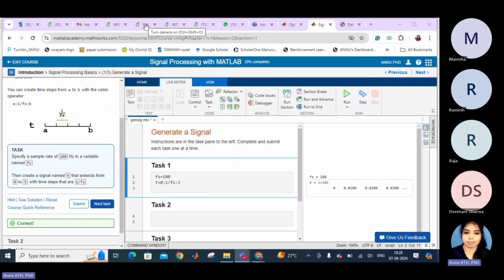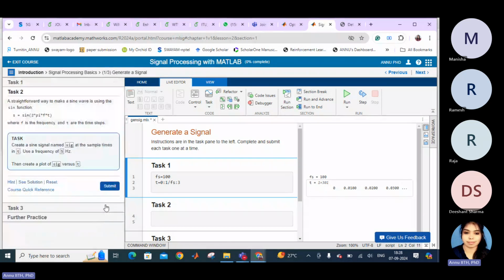Now, a straightforward way to make a sine wave is to use the sine function, where f is the frequency and t is the time. So sine 2 pi f t. Now create a plot of the signal versus t.